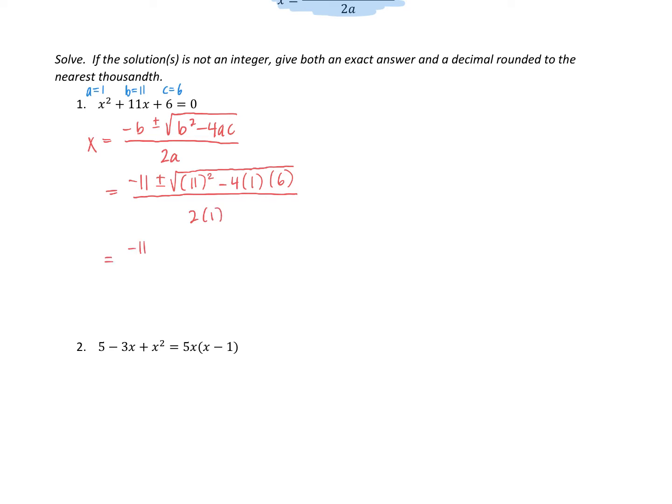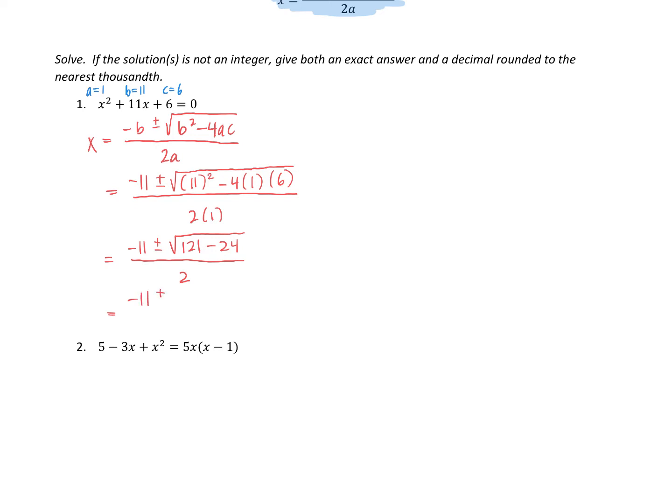So we have negative 11 plus or minus the square root. 11 squared is 121. And then 4 times 1 times 6 is 24. So minus 24, all over 2 times 1 is 2. Continue to simplify under the radical.